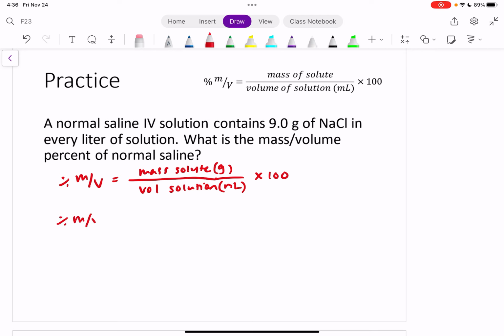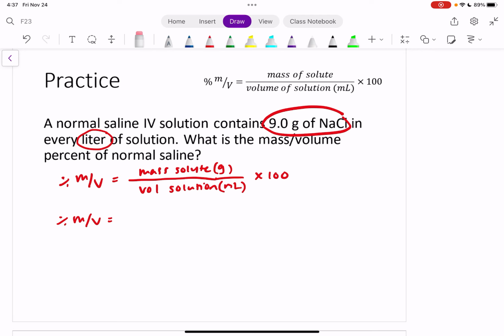So let's see, what can we plug in here? We have 9.0 grams of NaCl and 1 liter of solution. The NaCl is our solute, and I know that because it's expressed with a unit of mass, grams. It's also a solid, and I know that because I'm familiar with sodium chloride.